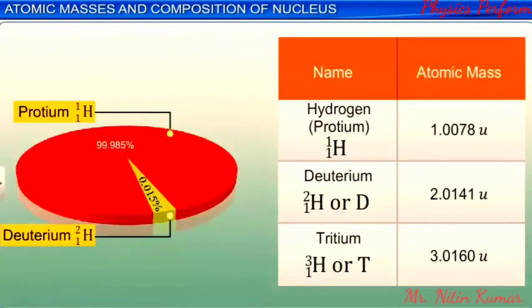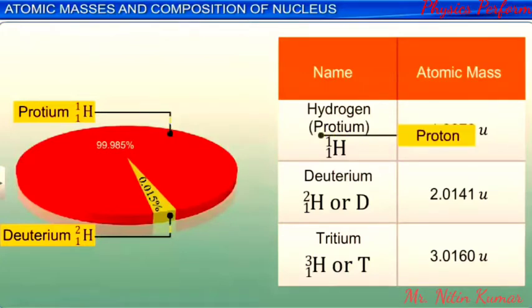For example, the lightest element, hydrogen, has 3 isotopes, namely protium or hydrogen, deuterium and tritium, having masses 1.0078 AMU, 2.0141 AMU, and 3.0160 AMU respectively. Of these, the lightest isotope has a relative abundance of 99.985%, and its nucleus is called the proton.